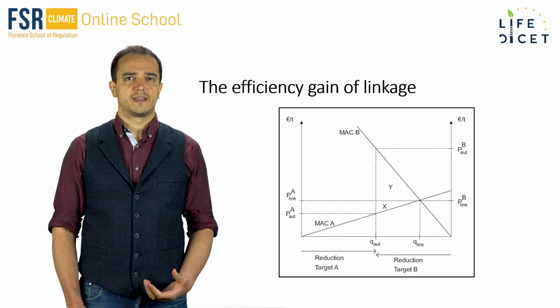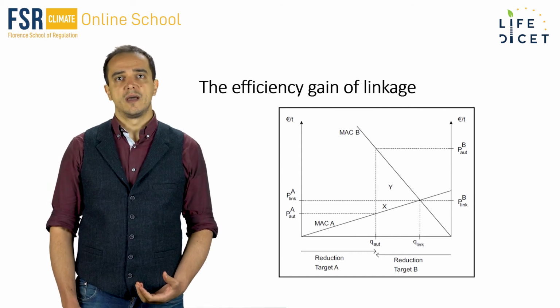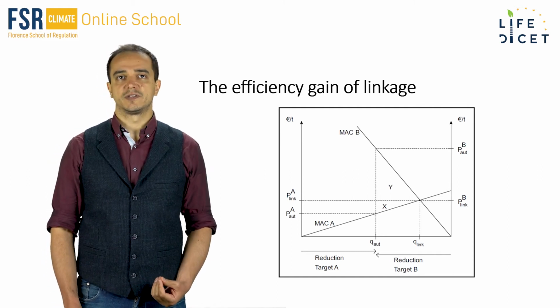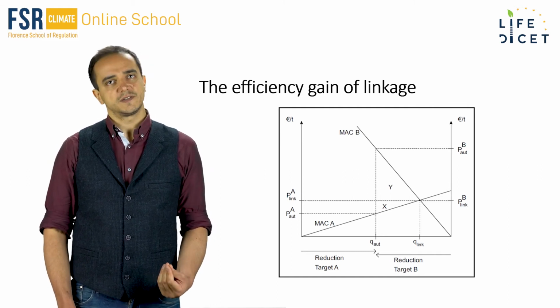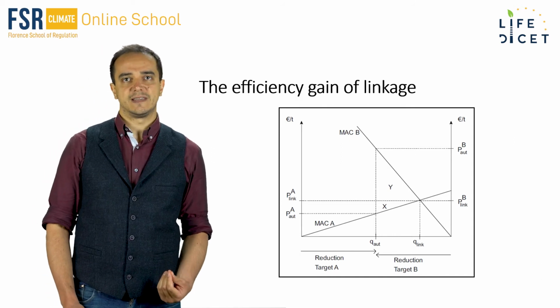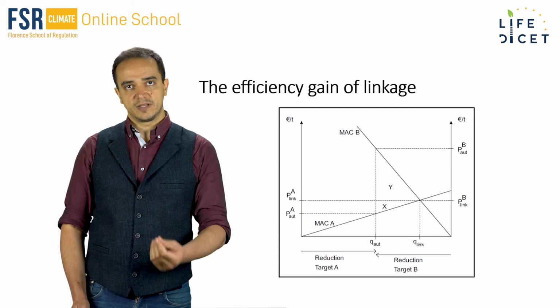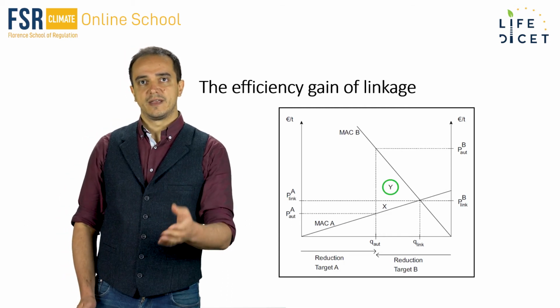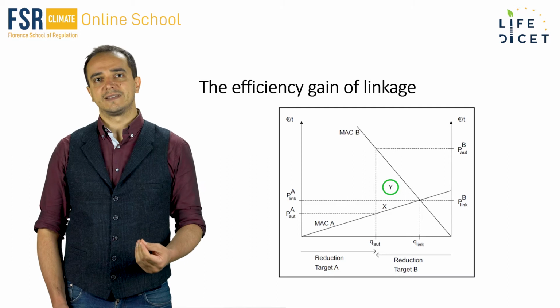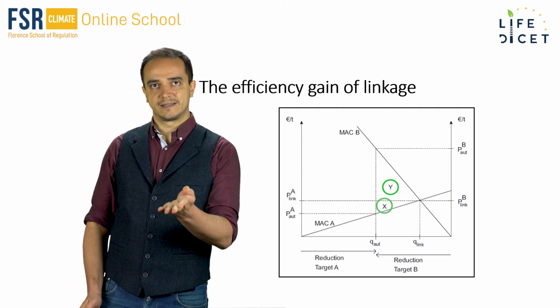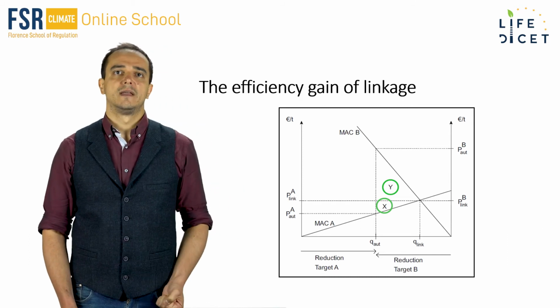Insomuch as they do reflect differences in marginal compliance costs, pre-link differences in allowance prices are a key indicator of the efficiency gain. The efficiency gain will partly accrue to the high-price ETS, the net buyer, in the form of abatement cost savings, corresponding to the Y triangle in the graph, and it will partly go to the low-price ETS, the net seller, in the form of revenue from sold allowances, corresponding to the X triangle in the graph.